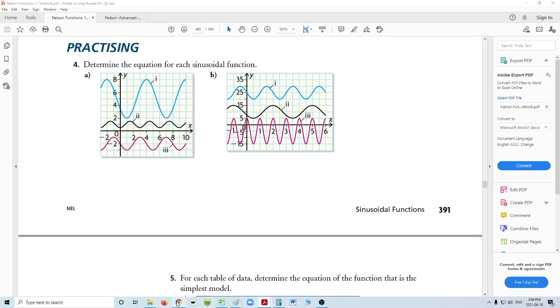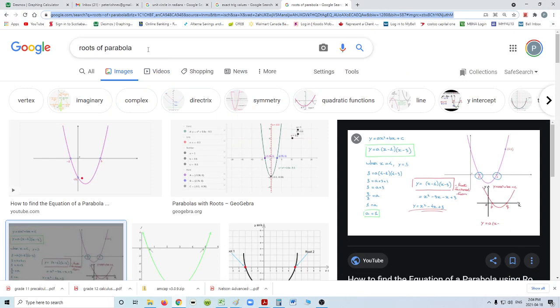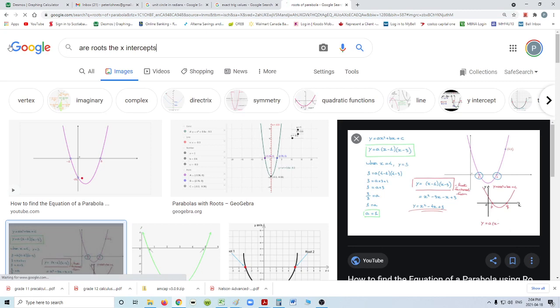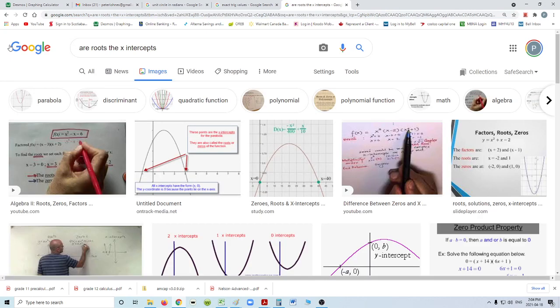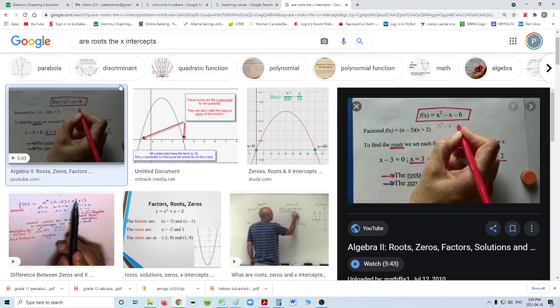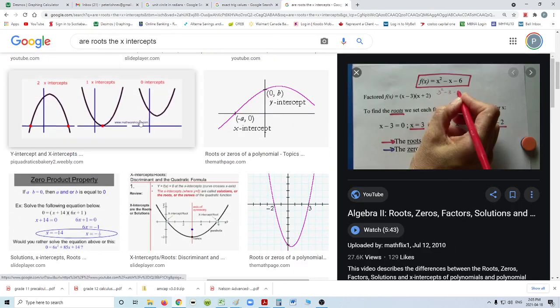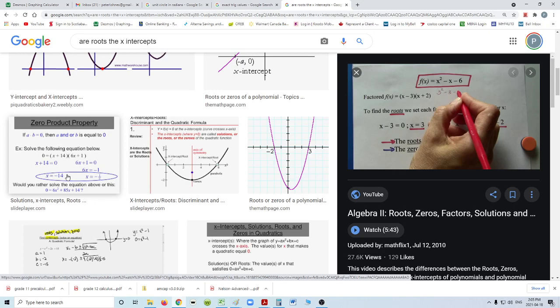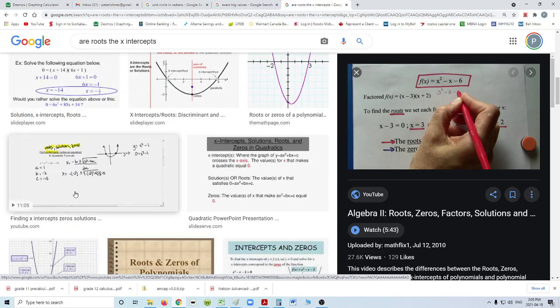And let me just do a Google search. I'm 99% sure. Are roots the x-intercepts? Just want to get the images. Over here.